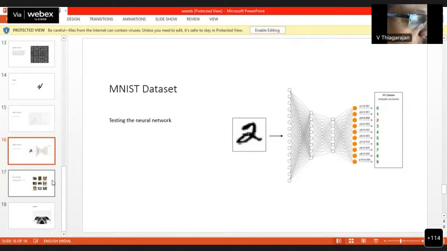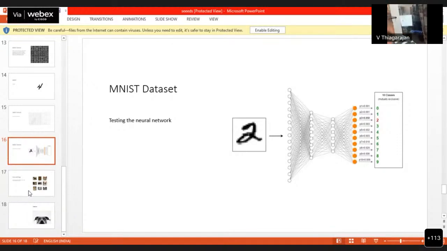So here I do the testing and then find that, depending upon the design of the neural network, it can reach up to 99.99%. It will be able to exactly predict what that number is that I have shown it after training.